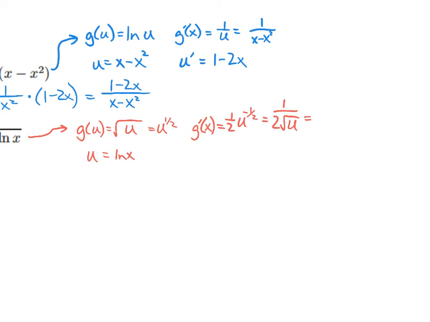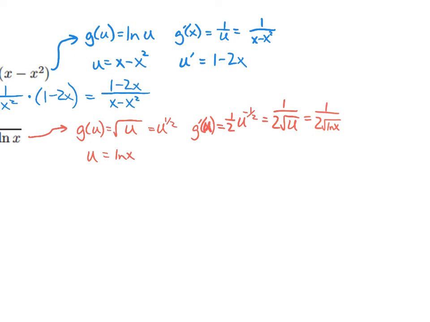Alright, so we plug u back in: 1 over 2 square root of ln of x. Okay? So that's the g prime, sorry, that should be g prime of u.